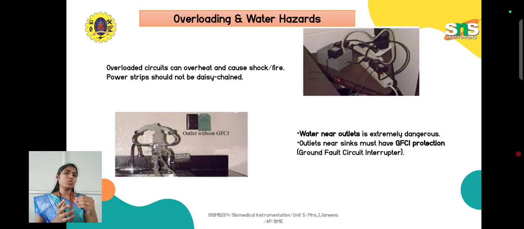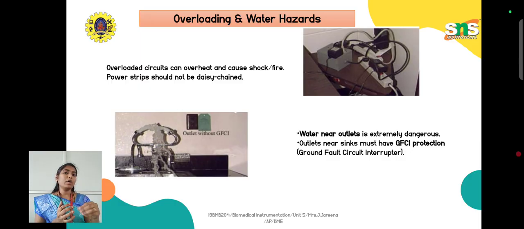So overloading is also one of the main reasons. If you are giving so many loads to one junction box or one main supply, at one point it will get so overheated that it will cause a burst, or there may be a fire. So we have to distribute the load equally so that we can avoid these overheating problems.